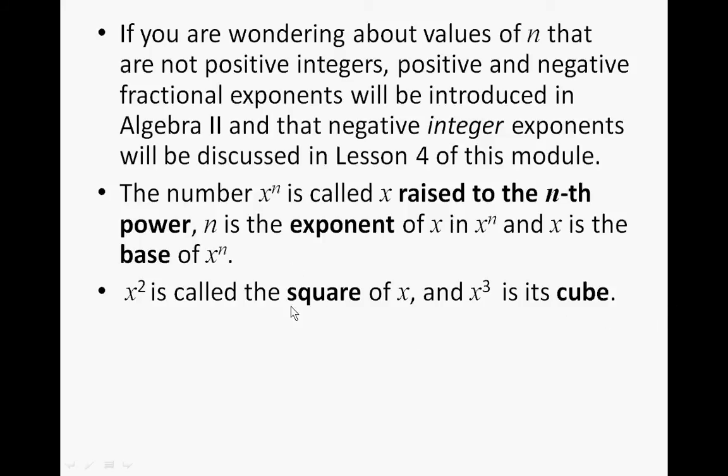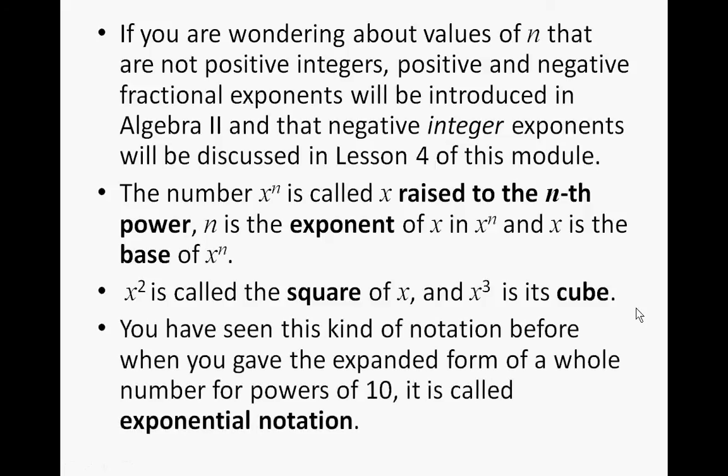So you can use, in place of raising to the second and third power, the words square and cube. And you've seen this kind of notation before when you expanded whole numbers using powers of 10, and again this is called exponential notation. So when you use exponents, it's called exponential notation.